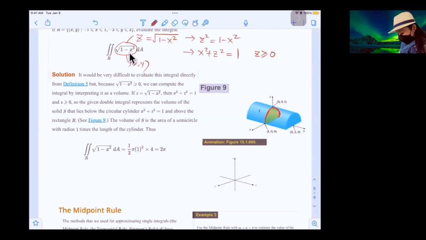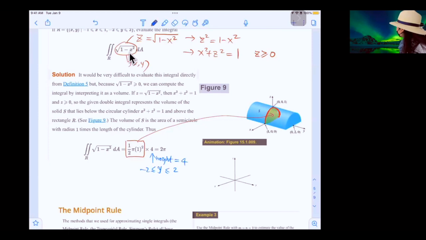That corresponds to the area right here. Then we multiply this base area by the height. The height is y going from -2 to 2, so the height is going to be 4.